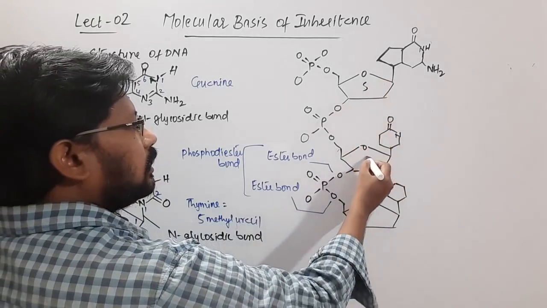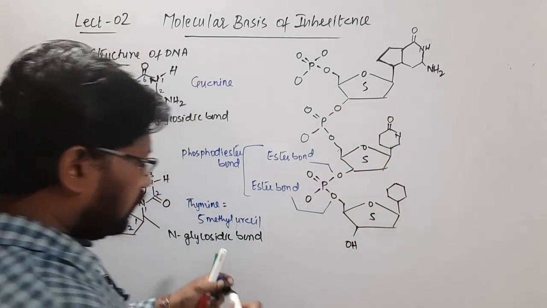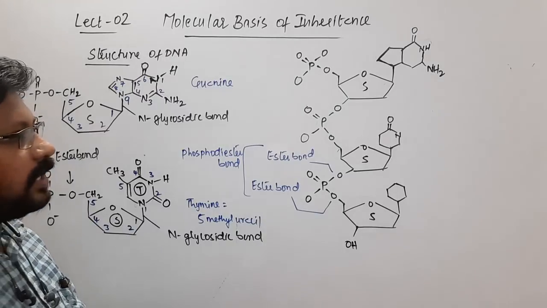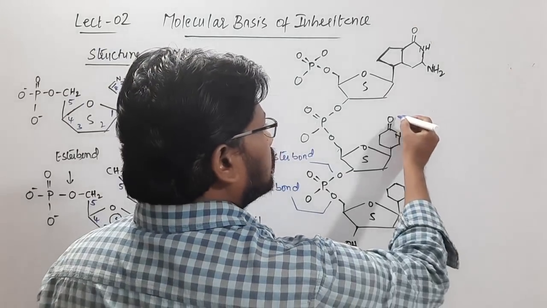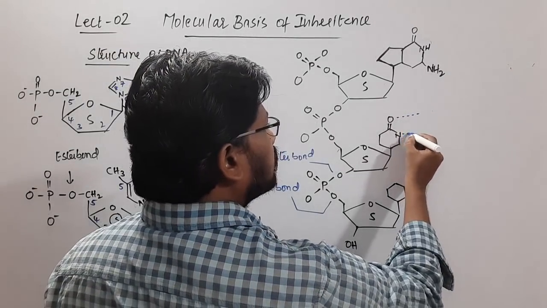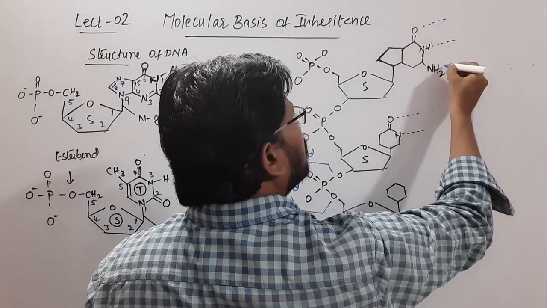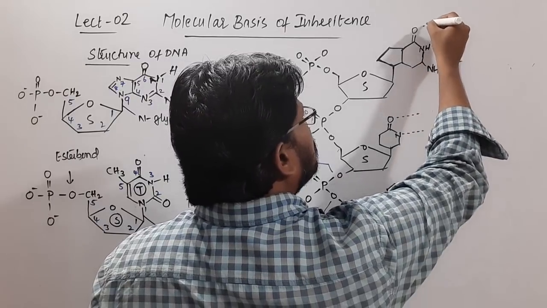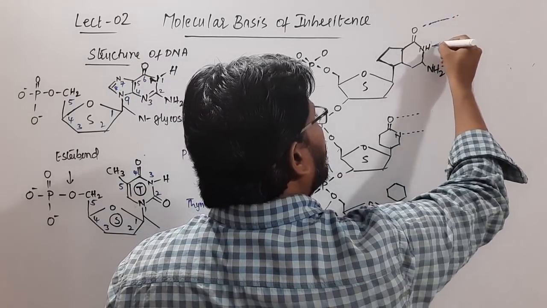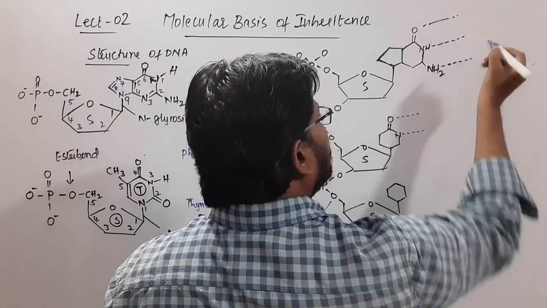So these are pentose sugars and you can see the nitrogen bases, and here this will be how we see the triple hydrogen bond and double hydrogen bond.